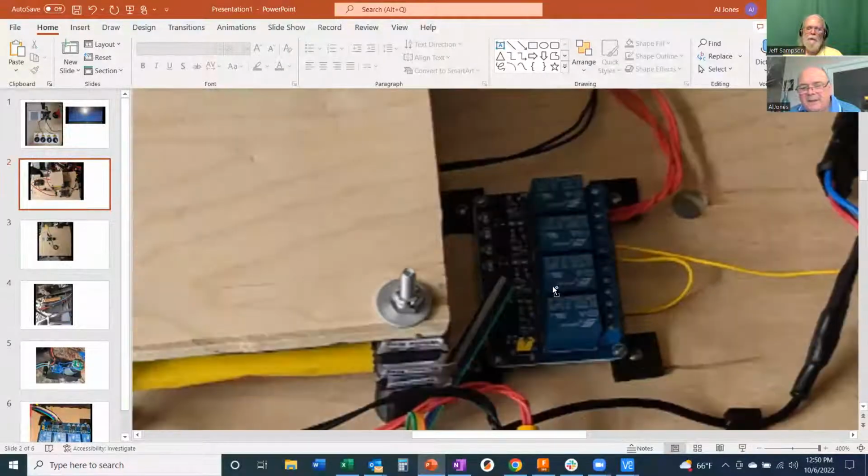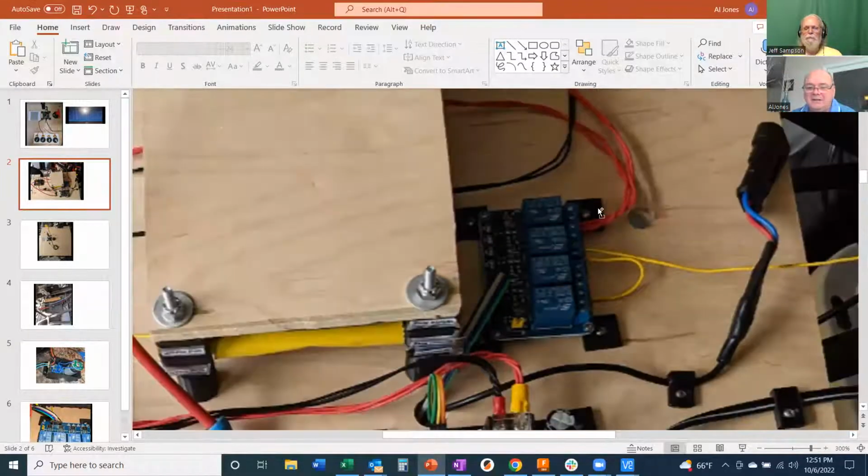At the moment, that wire goes to the kill. I'm just going to say if this goes to ground, the motor stops. I don't know what physically that is. I don't want to call that a magneto. I don't know if that's actually a magneto. And then this relay is.